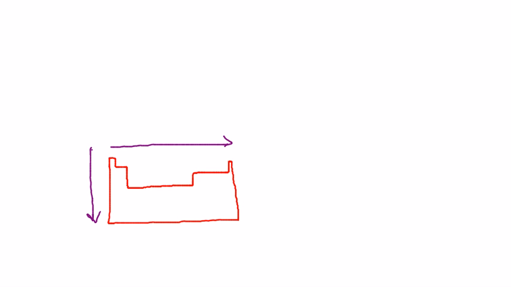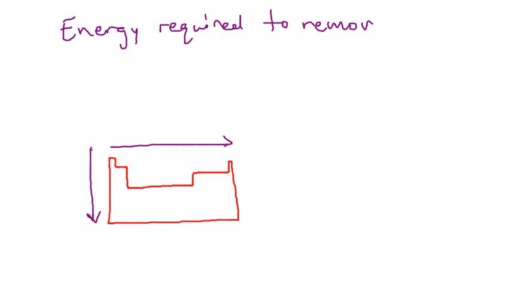So it's how much energy, or the energy required, to remove an electron, that's the notation for electron, remember, from a neutral atom.